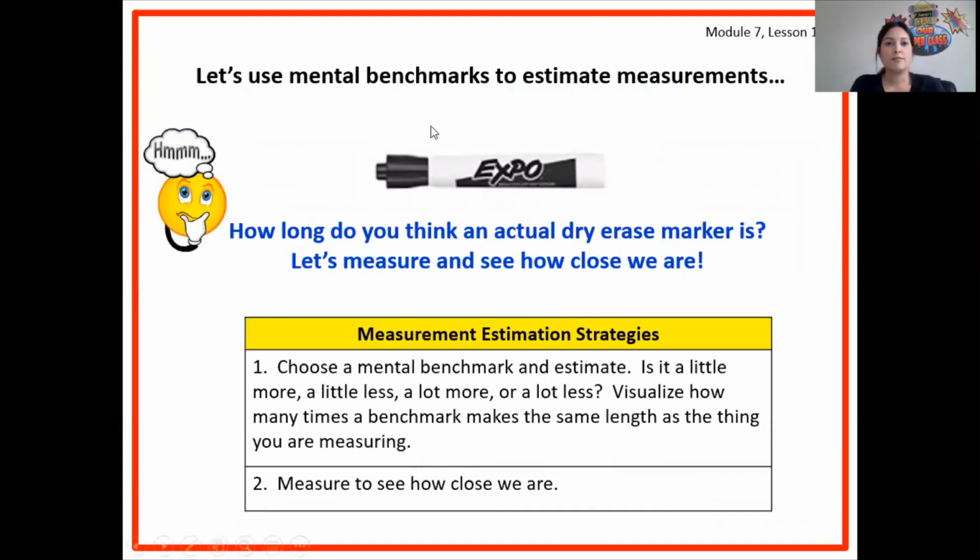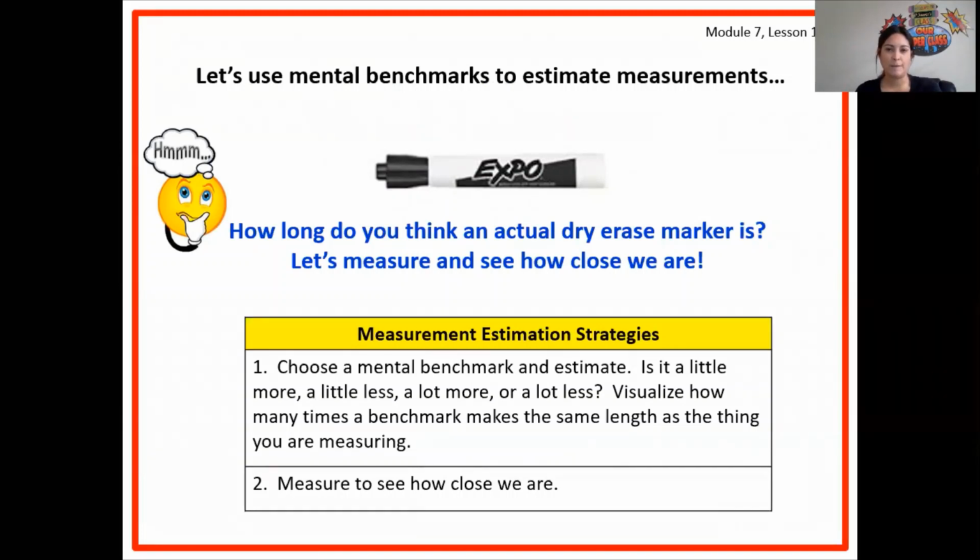So now look at the board, look at the picture here. It says, let's use mental benchmarks to estimate measurements. Here I put a picture of a dry erase marker. How long do you think an actual dry erase marker is? First we're going to estimate, or guess. Remember, guesstimate. How long do you think this Expo marker would be?